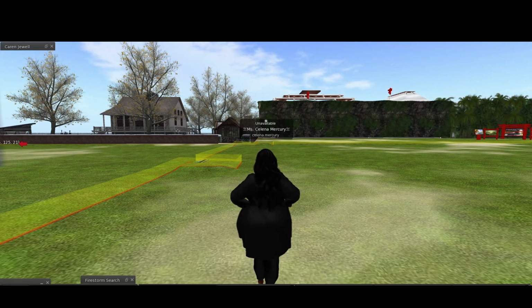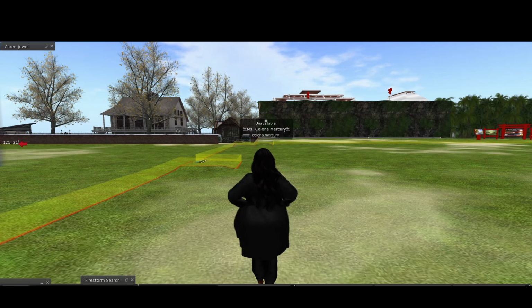All right, so that is the... Trying to think, are there any other ways other than Facebook, the forums, doing a search in world, of course, the world map, of course.